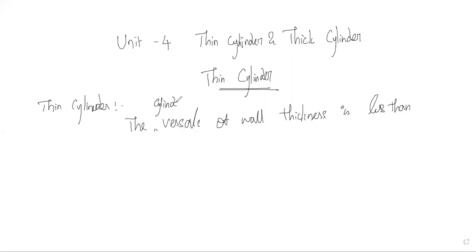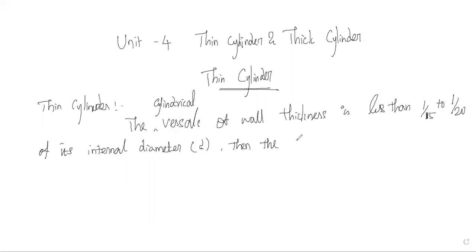Normally the cylindrical vessels of wall thickness less than 1 by 15 to 1 by 20 of its internal diameter, then the cylindrical vessel is called a thin cylinder.